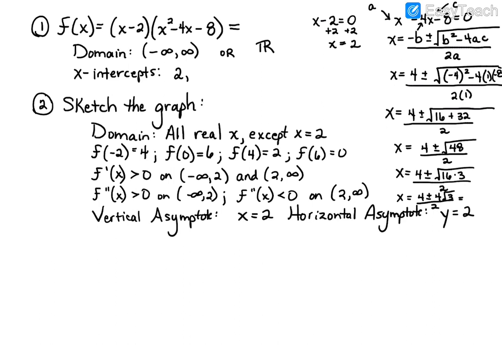And now notice that all of these coefficients, the 4 here, there, and then the 2 on bottom, they're all divisible by 2. And so when we reduce that, 2 goes into 4 twice. Plus or minus 2 goes into 4 twice. You still have your square root of 3. And then on the bottom, 2 goes into itself once.